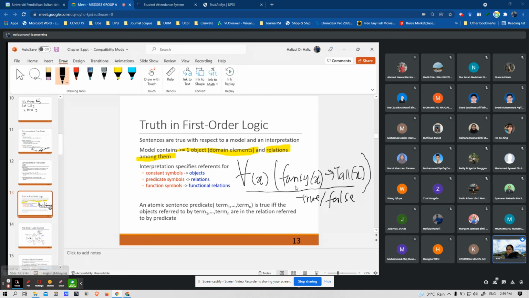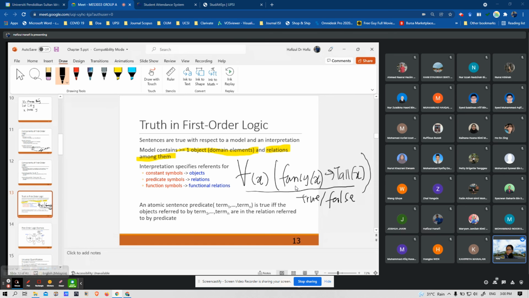The procedure is that we first interpret the term as an object in the domain, and then see if the interpretation of the relation symbol is true or false for that domain. This applies to the constant, predicate, and function symbol. So far, do you have any questions?